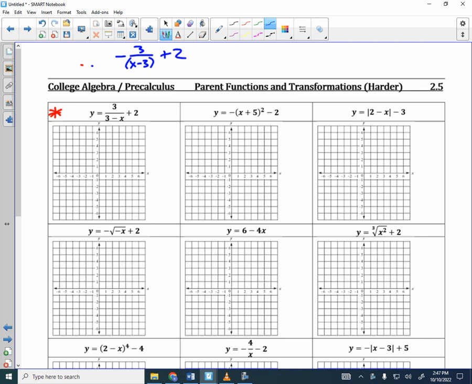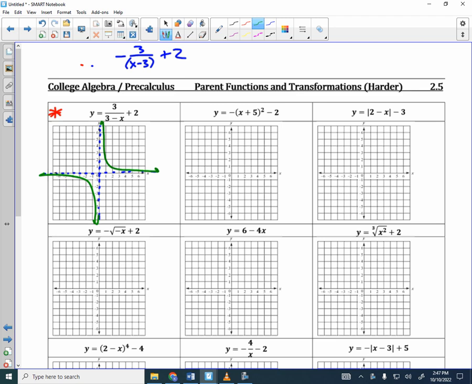So in this situation, our parent function looks like this. Does the 3 in the top do anything? No. What does this minus 3 do? Right, 3. The plus 2 will move it up 2. Then what does the negative do?